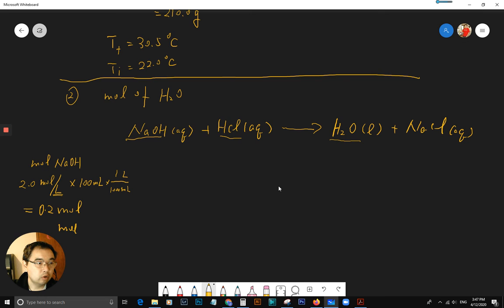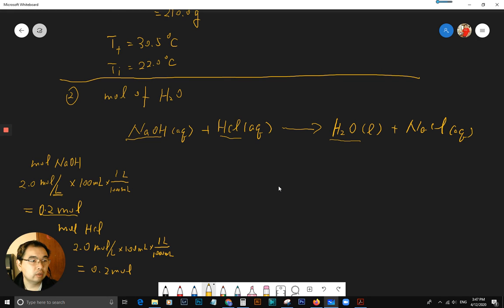And the mole of the HCl is actually the same thing. It's also the molarity of the HCl times the volume of the HCl: 2.0 mole per liter times 100 milliliter times 1 liter over 1000 milliliter. And we got 0.2 mole of the HCl.